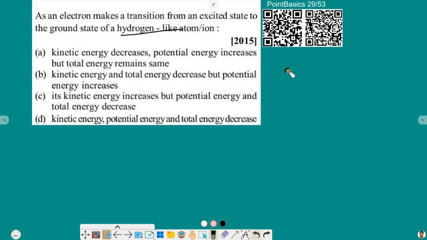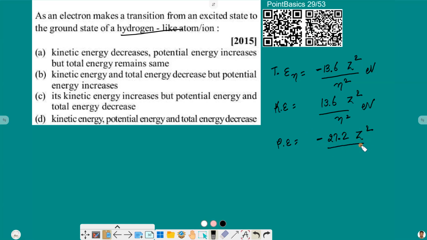So for a hydrogen-like ion, the total energy of the nth state is minus 13.6 Z square by N square electron volt. Now coming to the kinetic energy, it is just the modulus of this, so it will be 13.6 Z square by N square electron volt. And the potential energy will be twice the total energy, so that will be minus 27.2 Z square by N square electron volt.